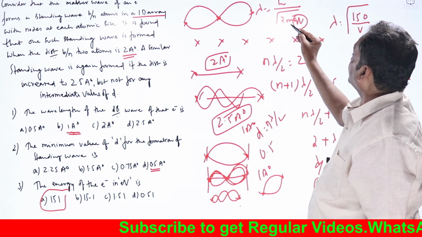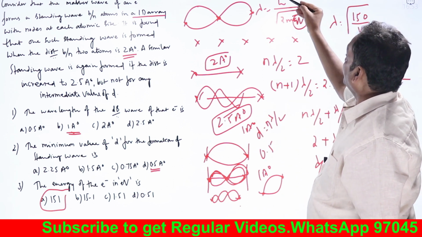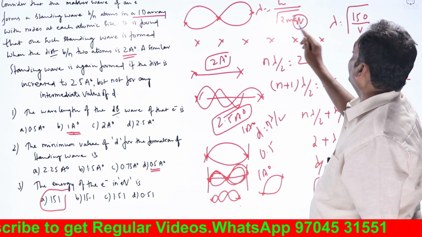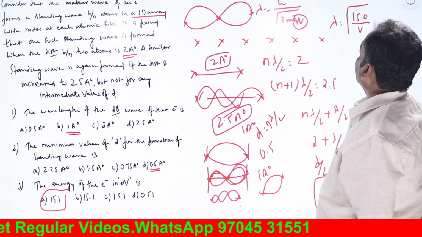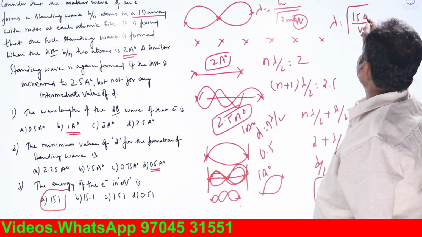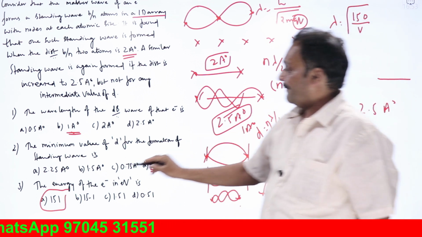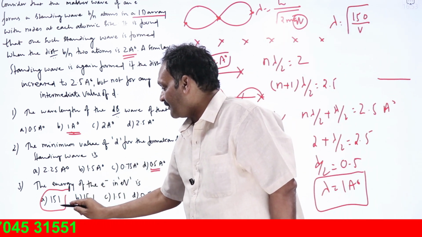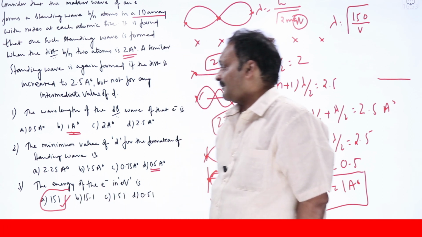I have substituted the mass of the electron, charge of the electron, h value, and simplified, leaving only V, and I get this. So the energy will be equal to 150. So the energy of the electron is 151 electron volts.